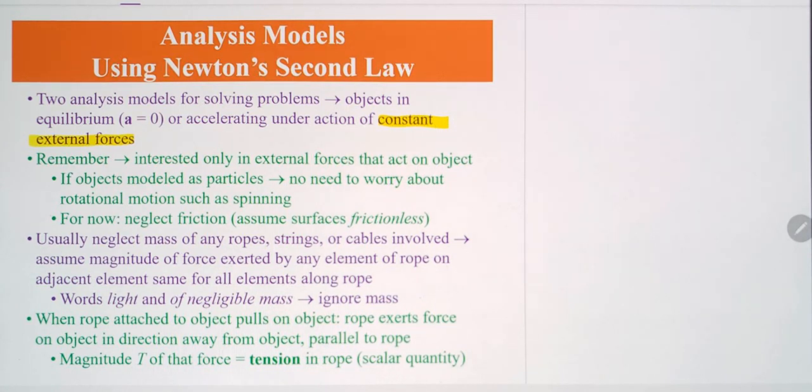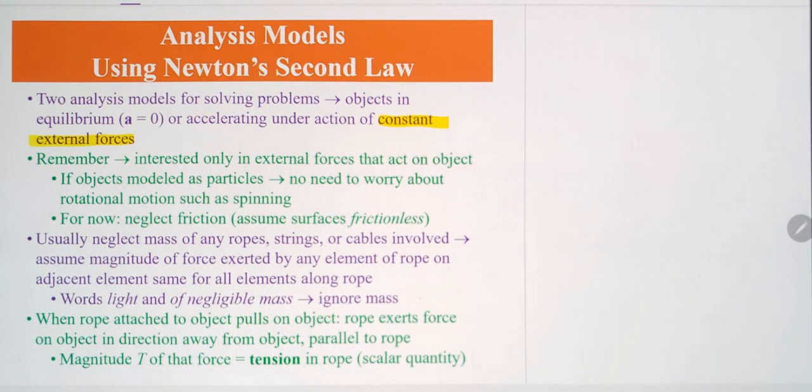Okay. Usually neglect the mass of any ropes, strings or cables involved. We ignore the mass of all of it. It will not affect our calculation. Assume the magnitude of force exerted by any element of the rope on an adjacent element is the same for all elements along the rope.